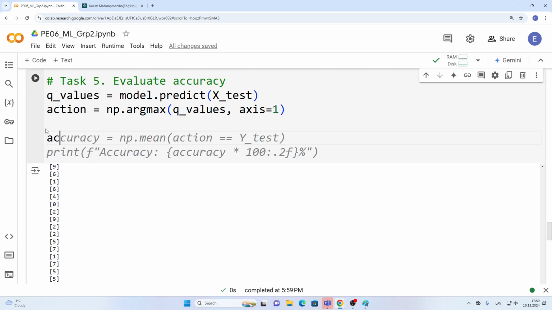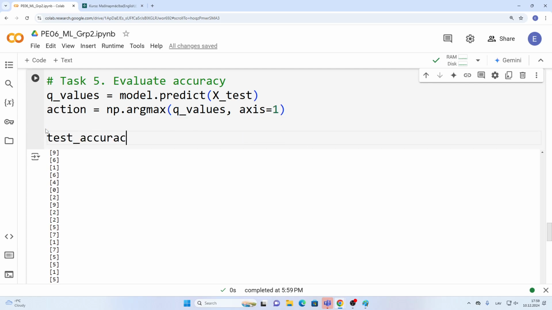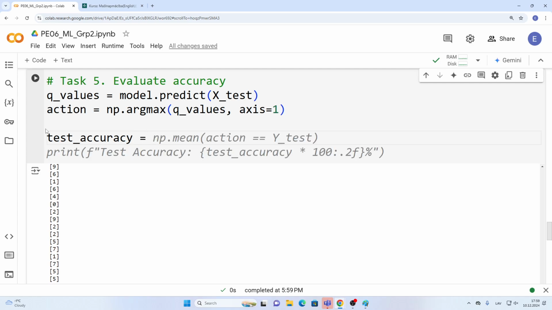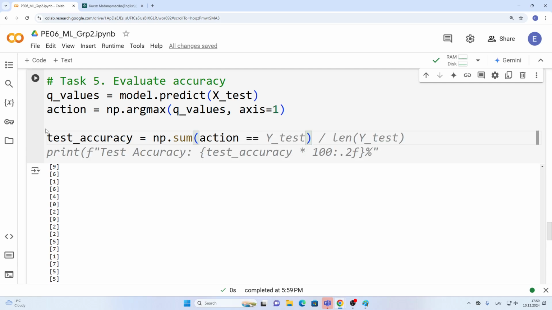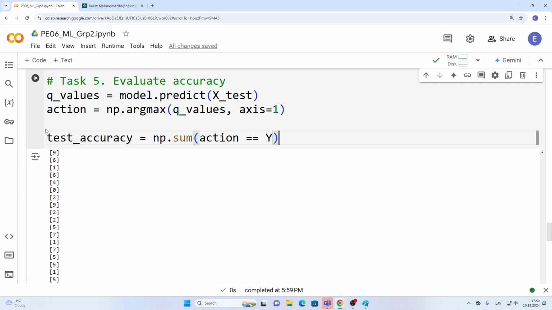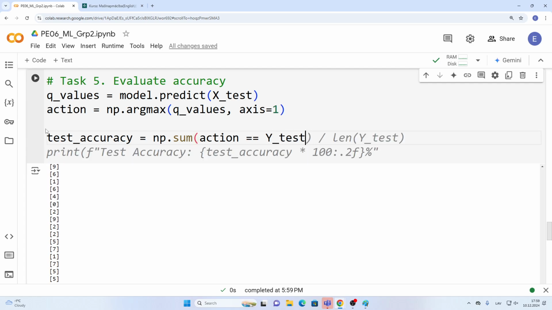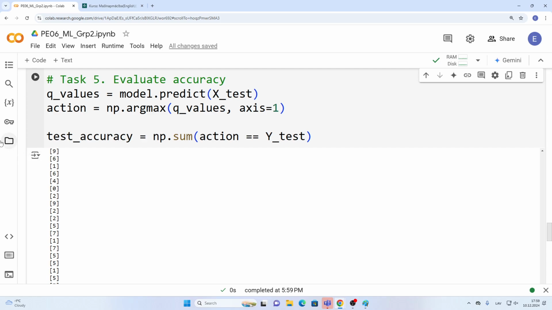So we calculate test accuracy as total number of added numbers together between action whenever it is exactly equal to the test data. Yes, so if they are equal, it's producing 1 plus 1.